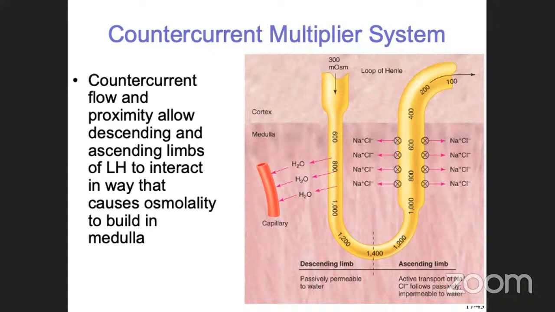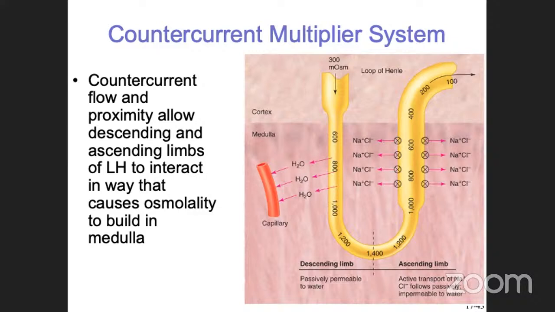So the countercurrent multiplier system is a countercurrent flow in proximity that allows the descending and ascending limbs of the loop of Henle to interact in a way that causes osmolality to build in the medulla. This is the balance or interaction between the ascending and descending limbs.